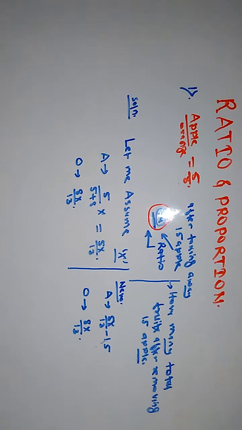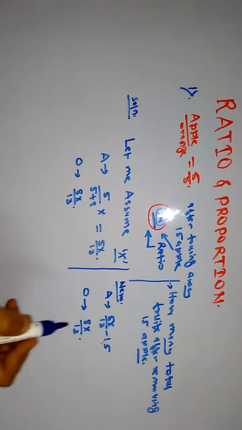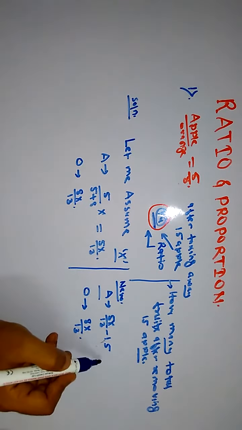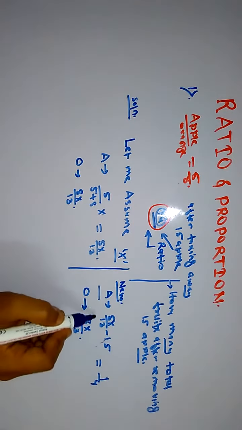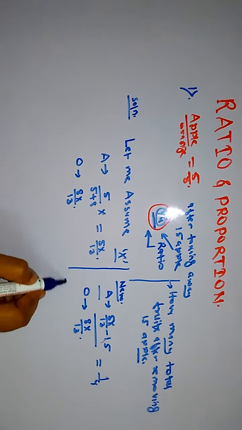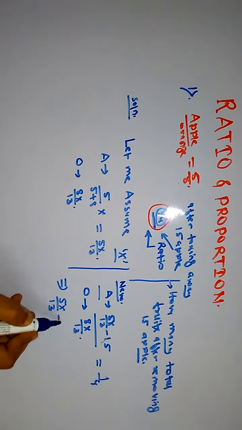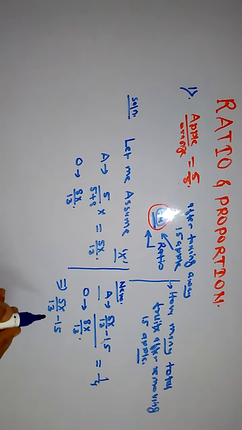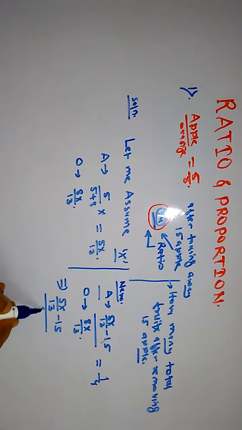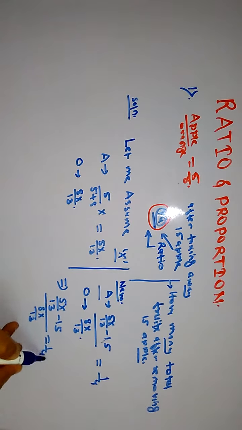The ratio of apple to orange becomes 1:4. So we write (5x upon 13 minus 15) upon 8x upon 13 equals 1/4.